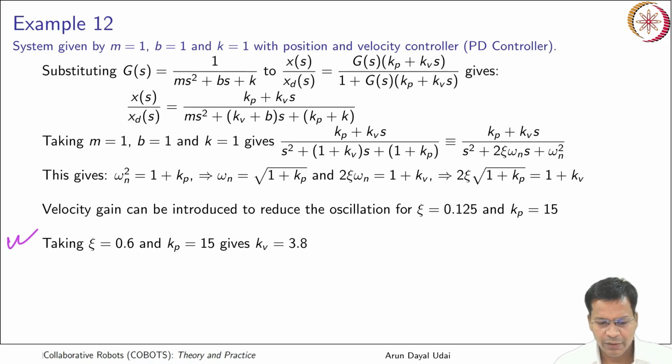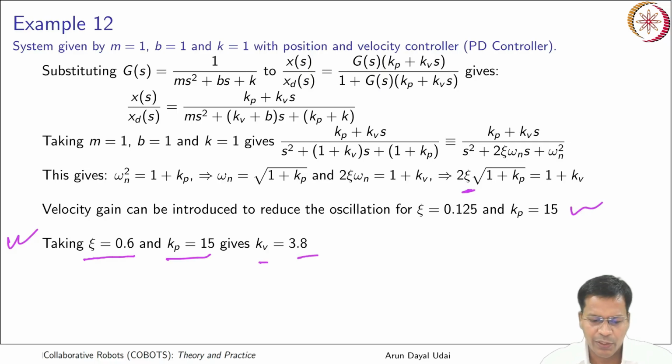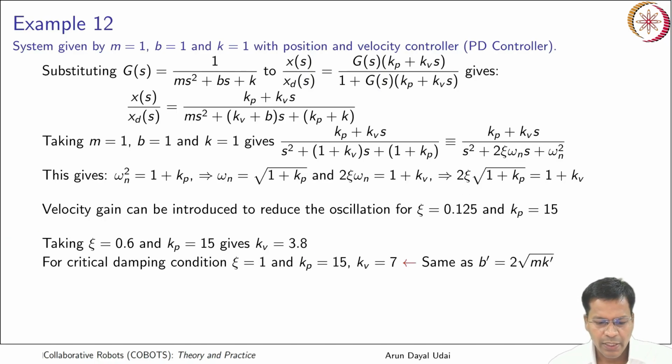So having xi is equal to 0.6, if I put it here, and kp is equal to 15, from here I got kv is equal to 3.8. This is just a trial value I want to test. Again, for the critically damped condition, you should see xi is equal to 1. Kp, I want to work upon the same one.